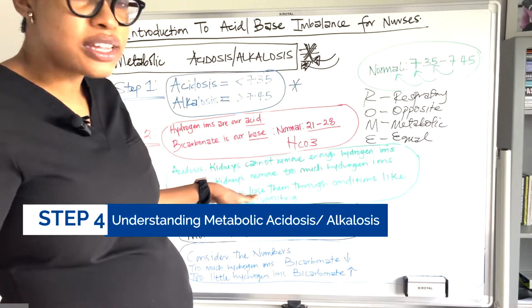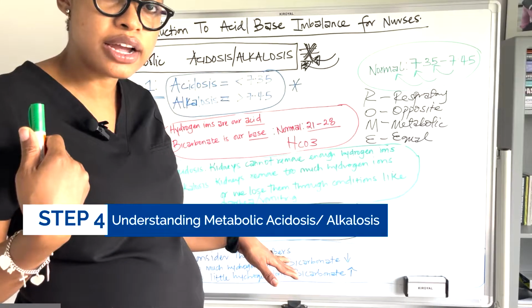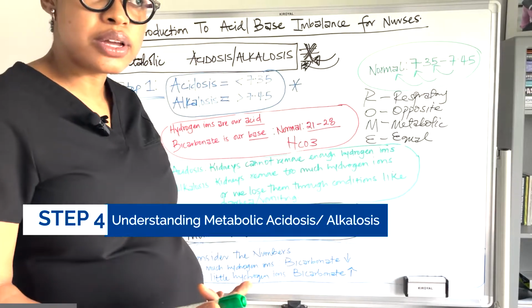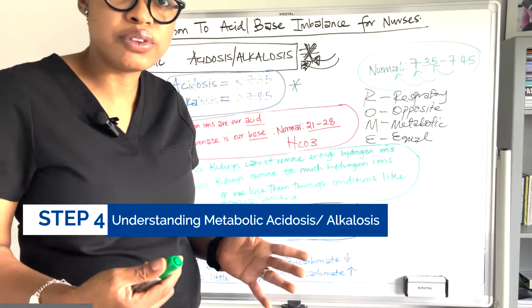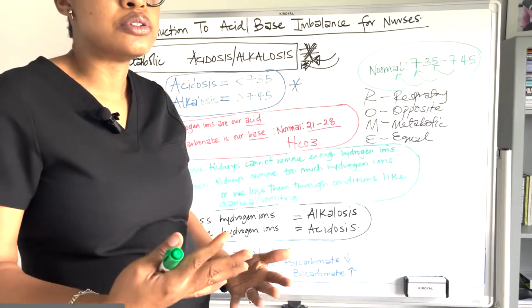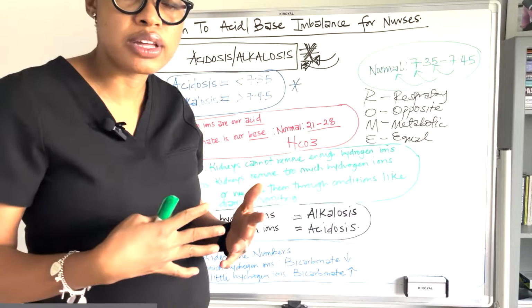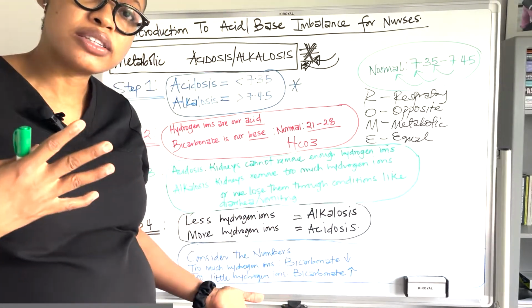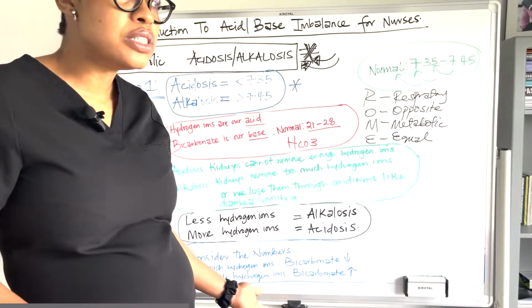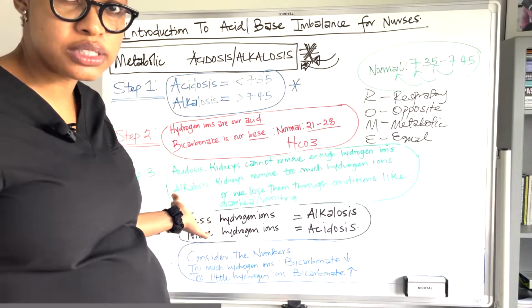So that can occur when the kidneys remove too much hydrogen ions. Or another way it can occur is if a patient is severely vomiting and they vomit out too much of the hydrogen ions. That causes an imbalance, which then sends the patient into metabolic alkalosis.